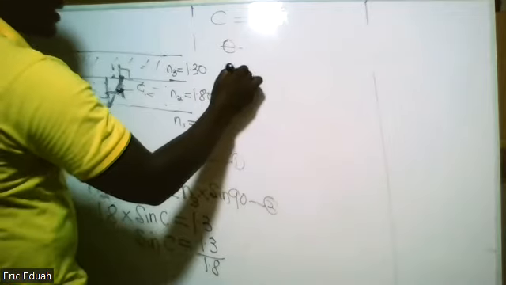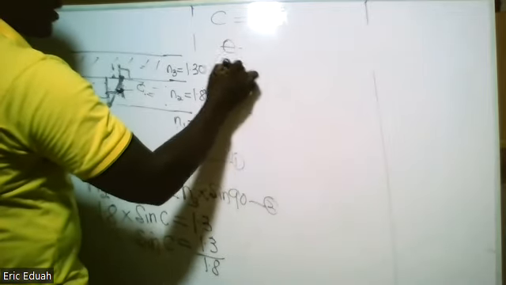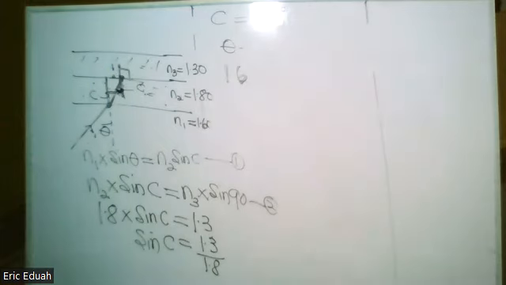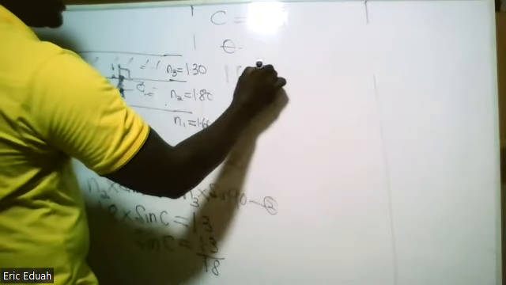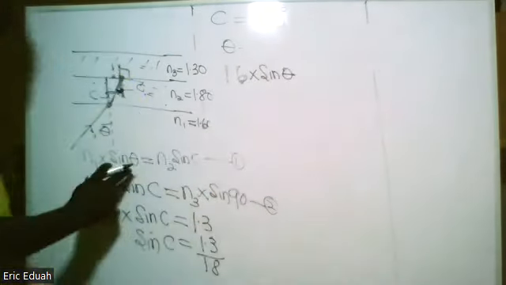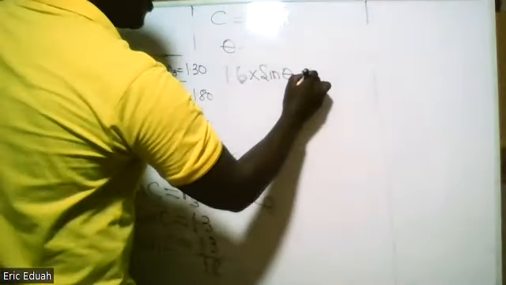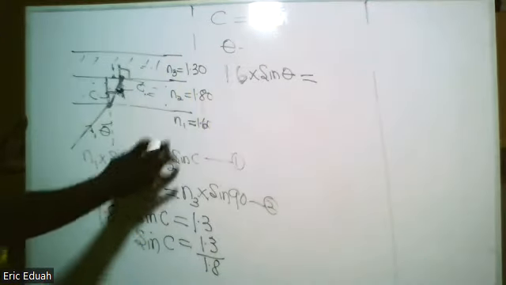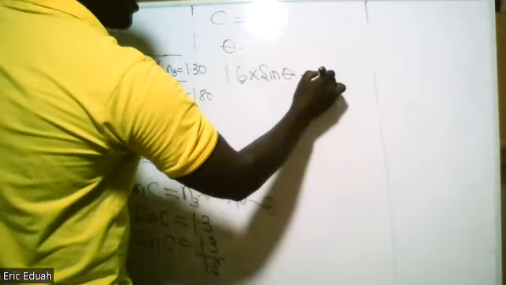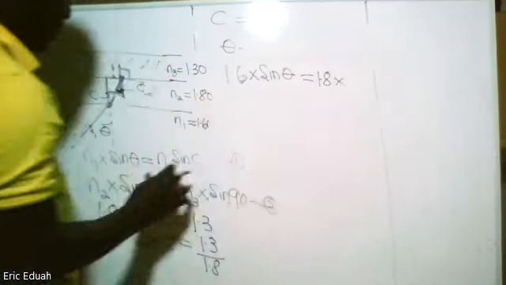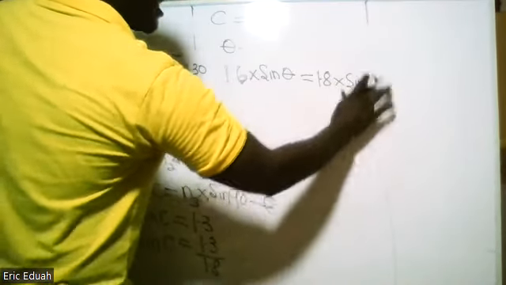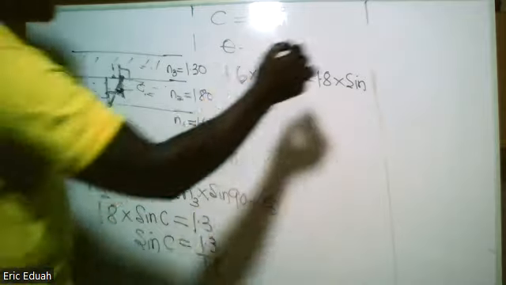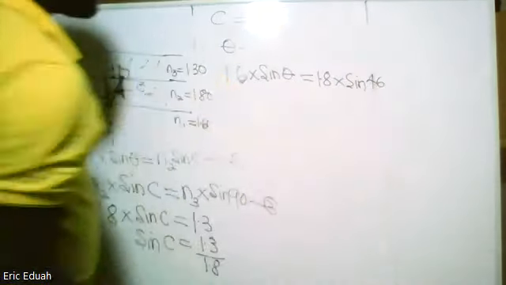So 1.6 times sine of theta, and theta is what we are looking for, is equal to N2, which is 1.8, times sine of the critical angle, and the critical angle is what we found, 46.